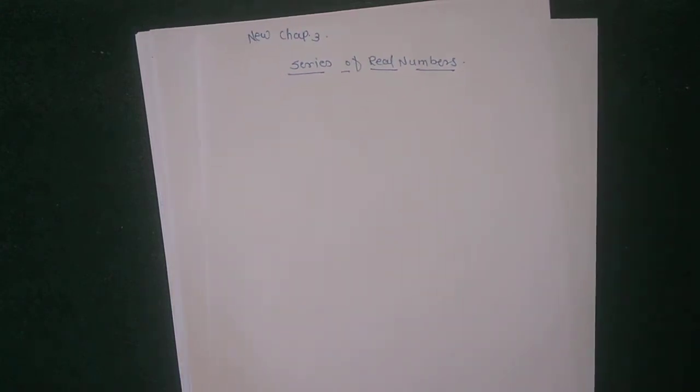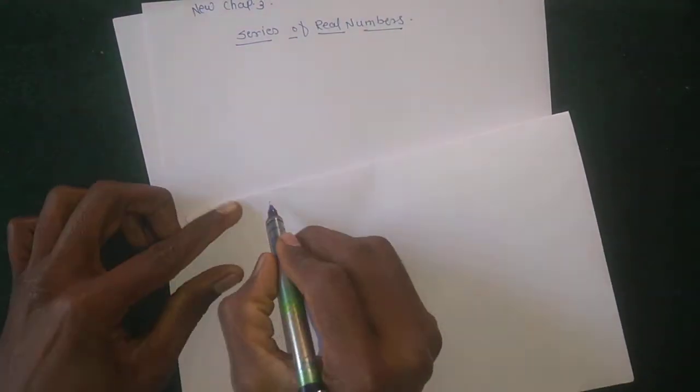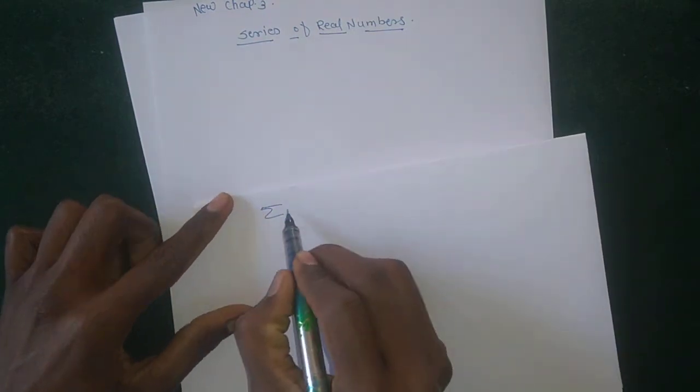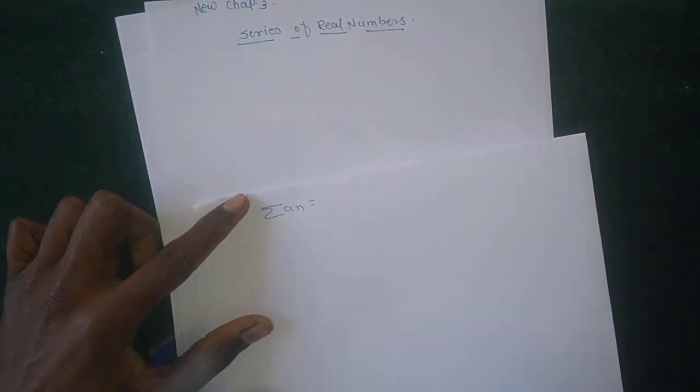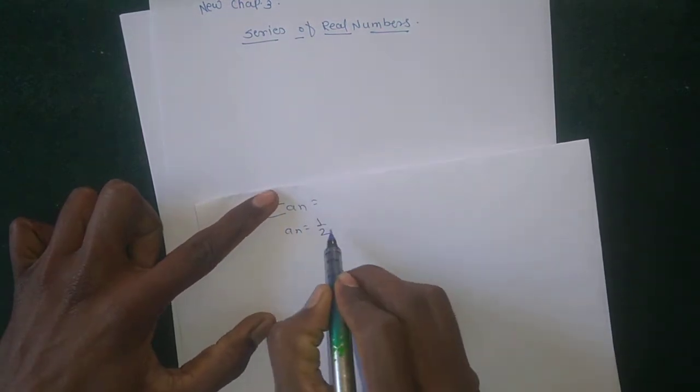Series means an infinite series, which contains real numbers. If we take any series, its summation can be written in the form of the summation of an. Suppose an equals 1 upon 2 raised to n.